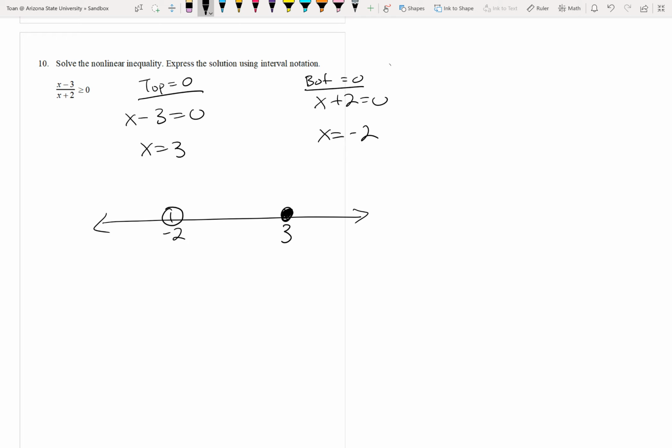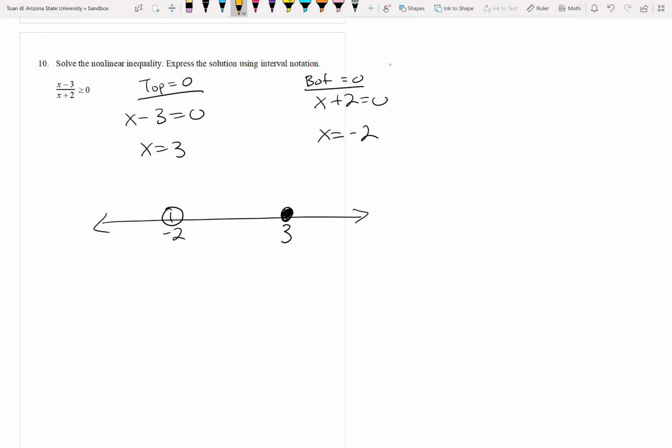Then all you have to do is pick numbers in each region. What do I mean by each region? We have a region to the left, a region in the middle, and a region on the right. All you've got to do is pick a number in each region to test in the inequality. I'm just picking numbers at random here.